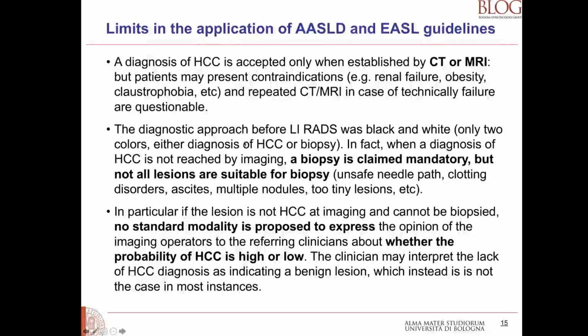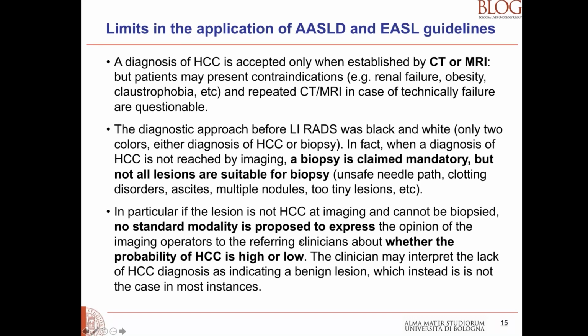So this was the situation. And so as I mentioned, if the lesion is not an HCC on imaging and cannot be biopsied, there was no standard modality to express the opinion of the imaging operator to the referring clinician about whether the probability of HCC is high or low.